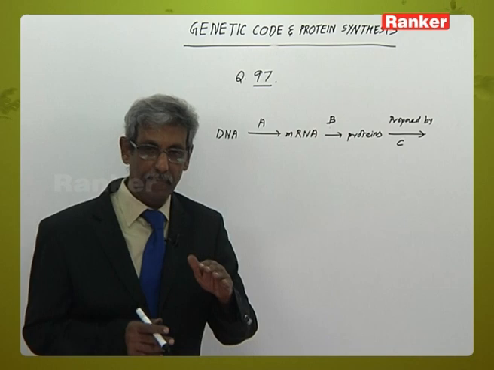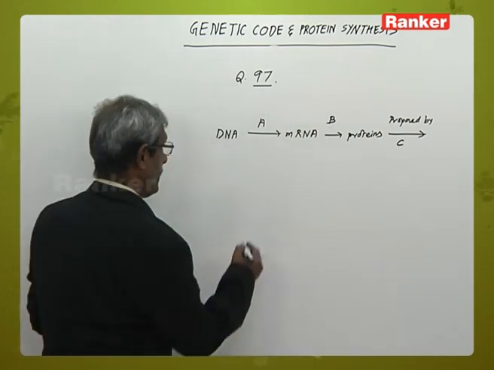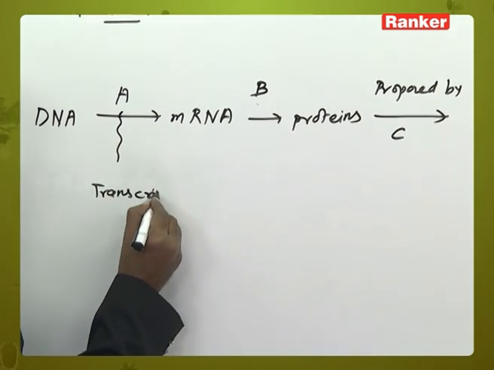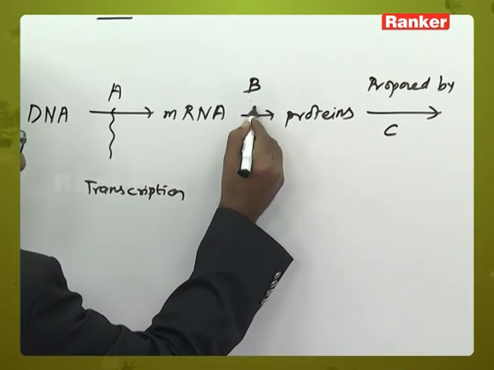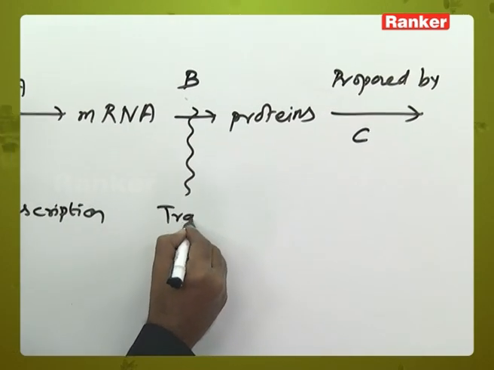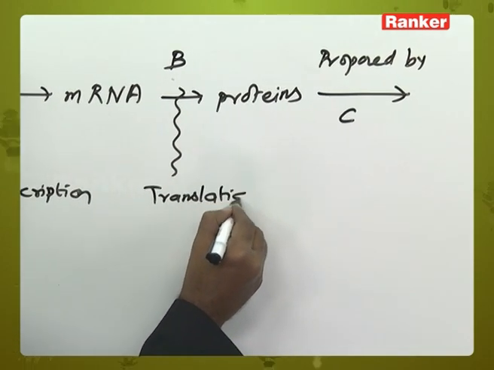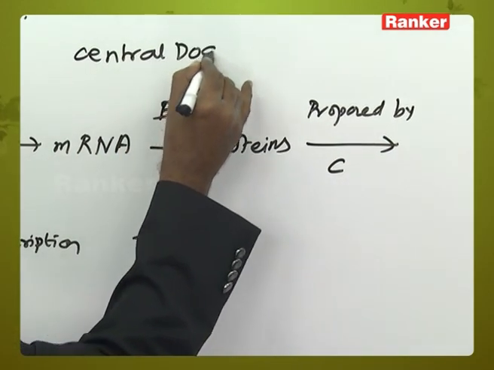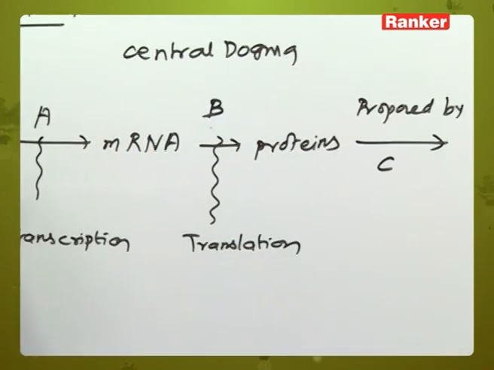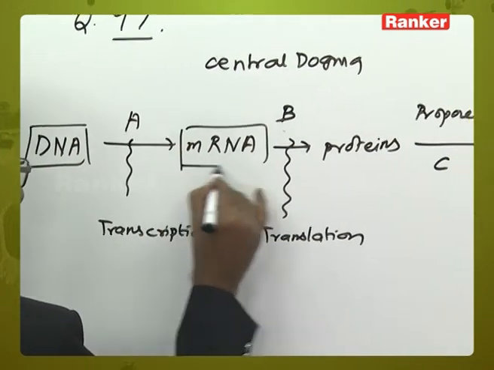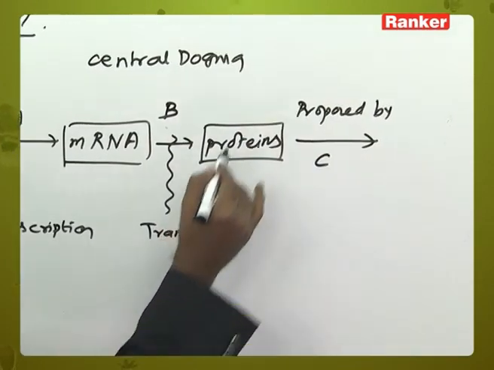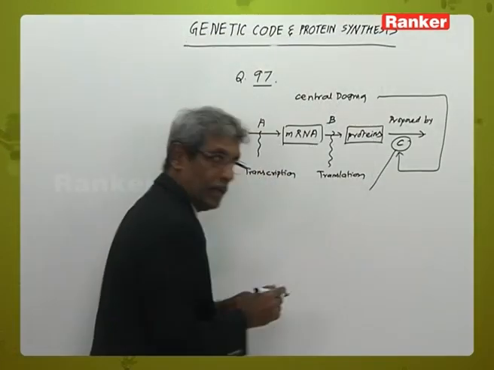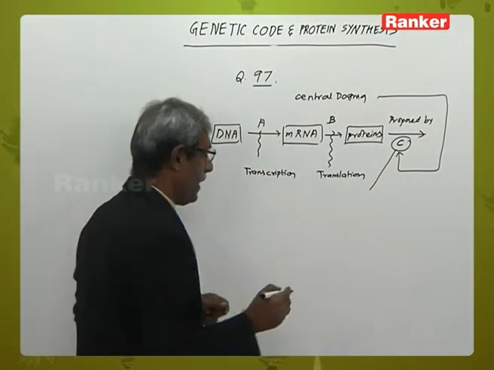Now, when you take the basic choices, we understand A is always transcription, B is always translation, and the concept of central dogma, that is DNA making mRNA, mRNA making proteins, the entire concept has been proposed primarily by Francis Crick.